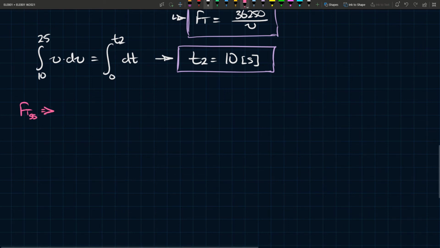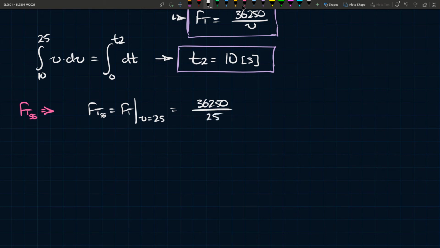So Ft steady state will occur at FTSS equals Ft evaluated such that V is equal to 25, right? So that means you take this expression evaluated at 25. So this is 36,250 divided by 25, and that gives you 1450 newtons.